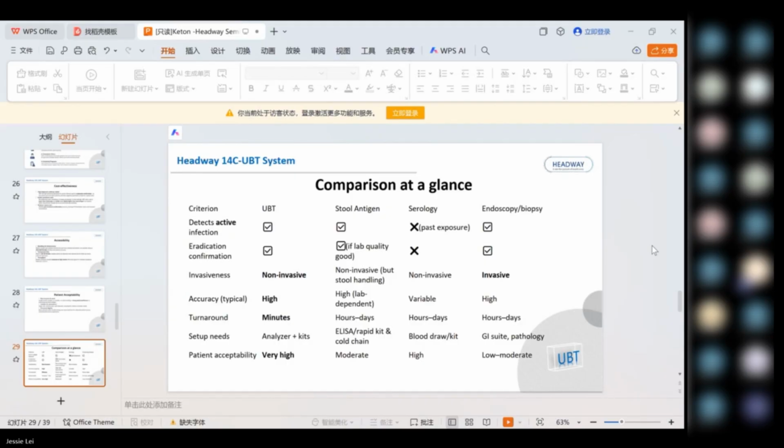Only after taking the medication. For example, after the treatment, one month later, we use UBT to follow up the treatment of H. pylori. Actually, the Urea Breath Test is the most recommended way to follow up the treatment.